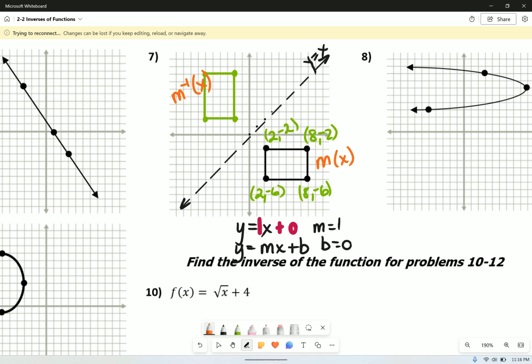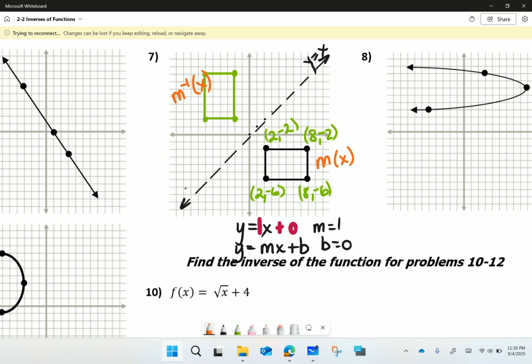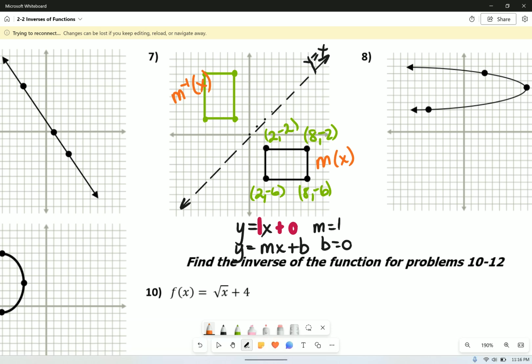Now the black graph is not a function or anything like that, but I'm just trying to get you guys to understand that inverses are just a reflection over the y equals x line. Okay. So I want you to remember that specific thing because I am going to ask you guys on the test.